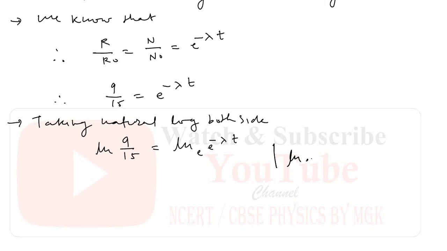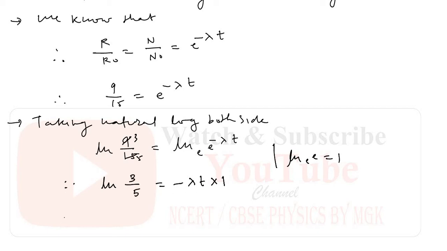But we know that ln e is equal to 1, so the right side is minus lambda t. And on the left, 3 threes are 9, 3 fives are 15, so I can write 3 upon 5.